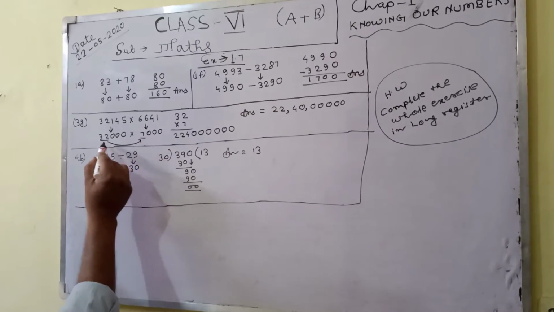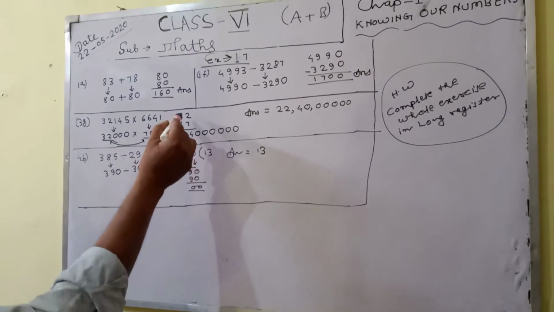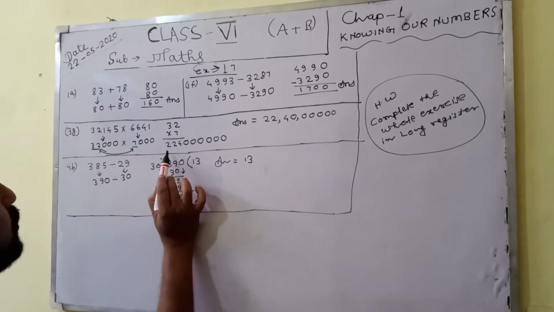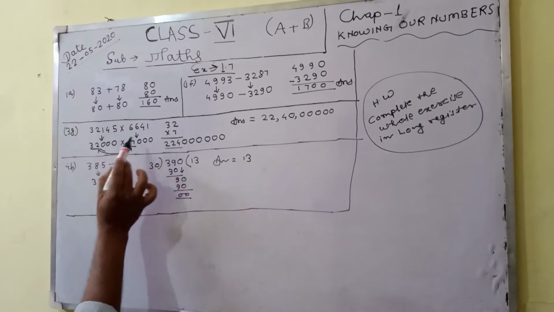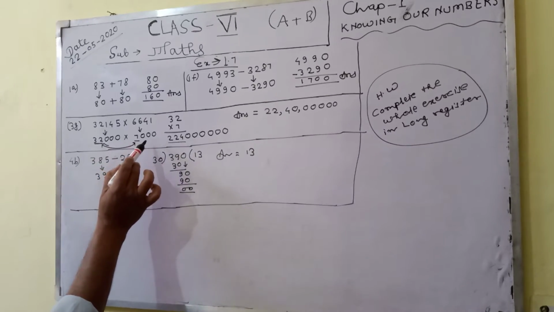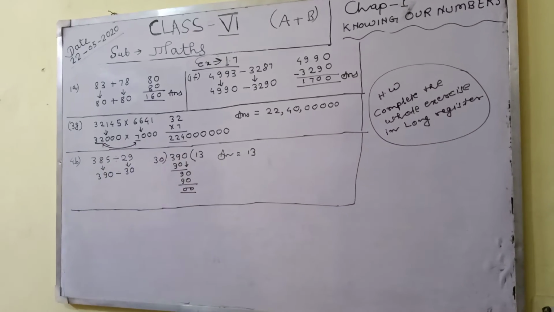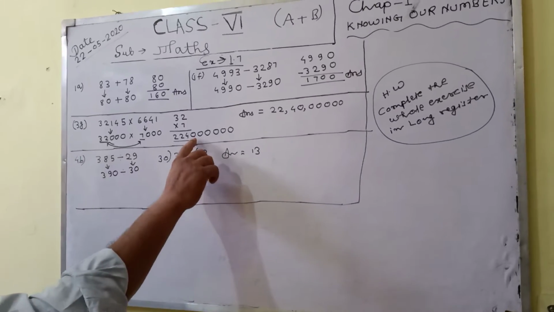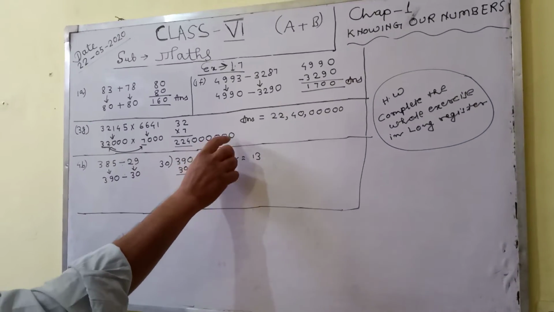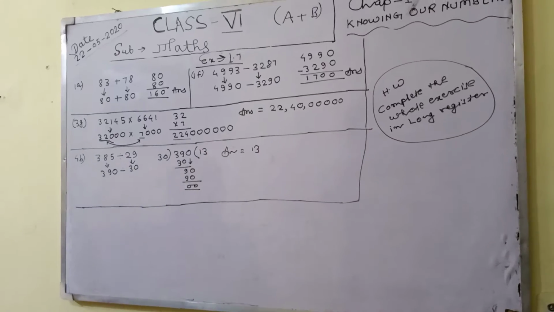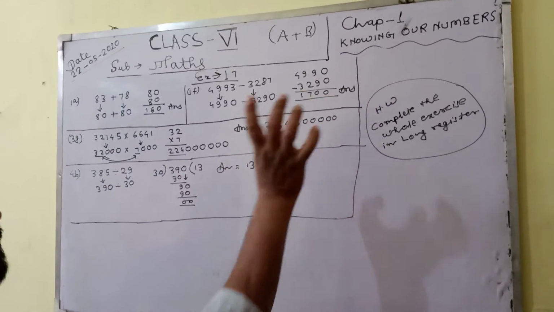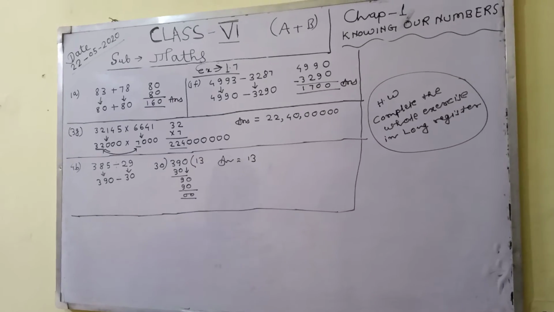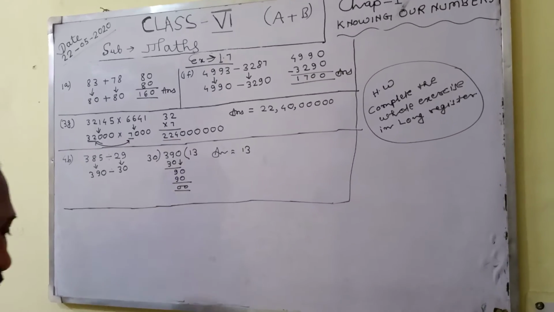I have shown here the multiplication of only 32 and 7, getting 224, but it has 3 zeros and it has 3 zeros. The total number of zeros, as per the rule, we have to include. So I have got 6 zeros here, and ultimately the answer is this much. Is it clear? I hope so. Very easy pattern.